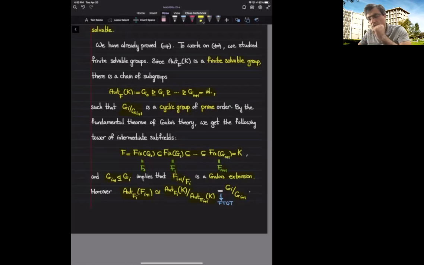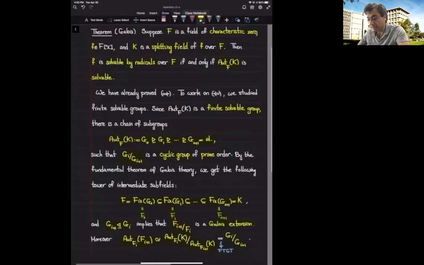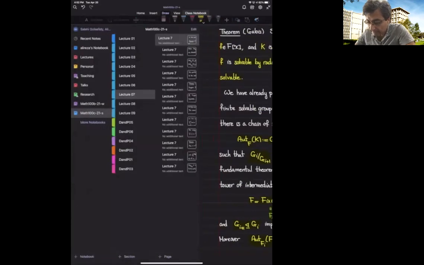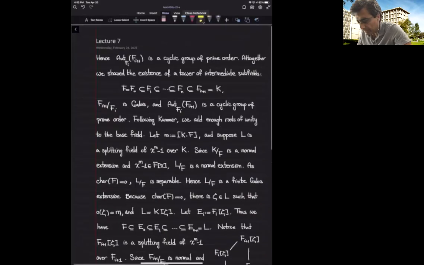Now, following Kummer, we know that we are in better shape if we have enough roots of unity. So what do I mean by that?